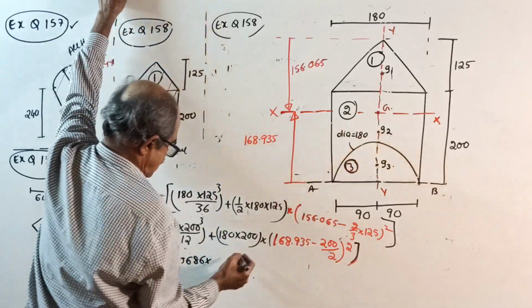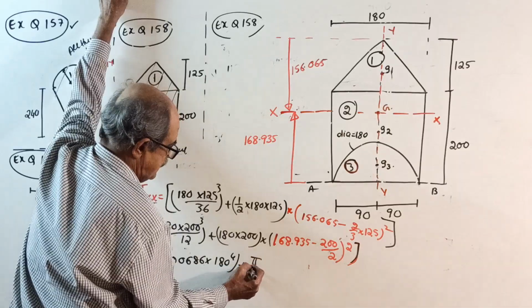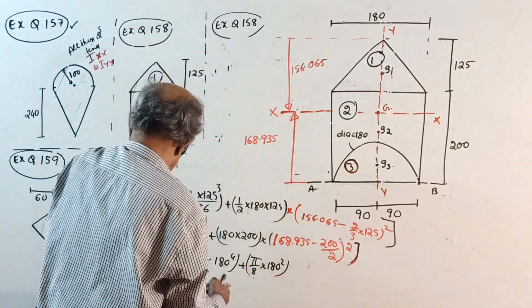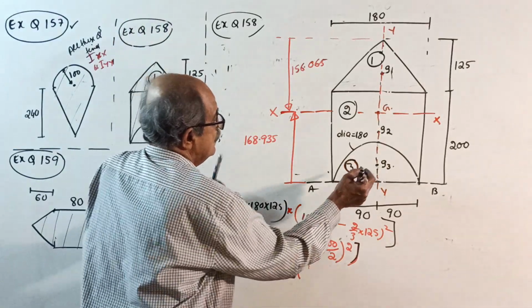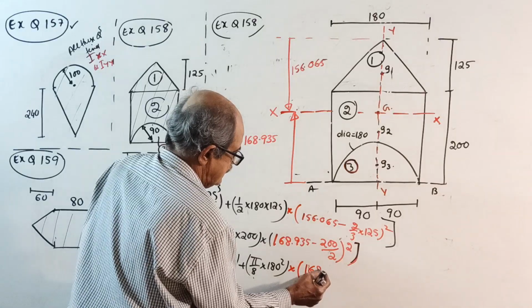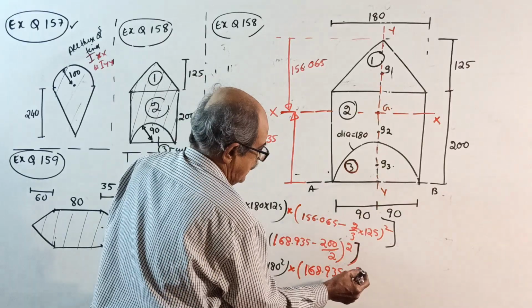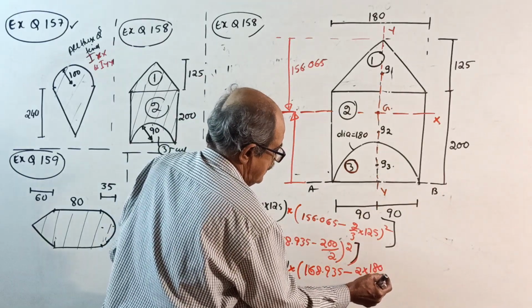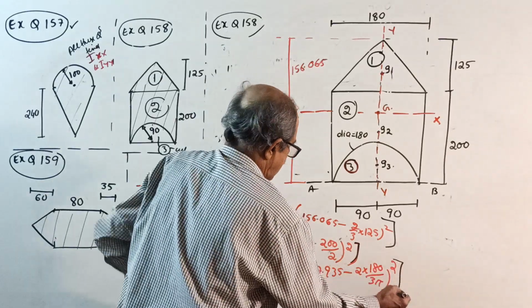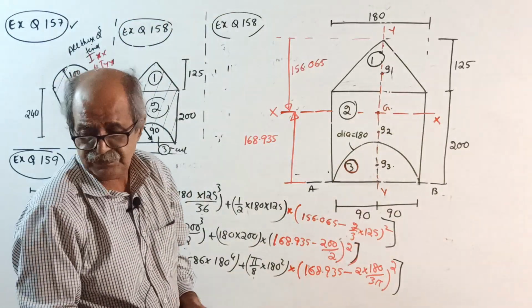Into 180 power 4, I_G, plus pi by 8 into 180 square is the area, into this distance square, 168.935 minus 2d by 3 pi, 2 into 180 divided by 3 pi whole square. I_XX power 1 plus I_XX power 2 minus I_XX power 3.